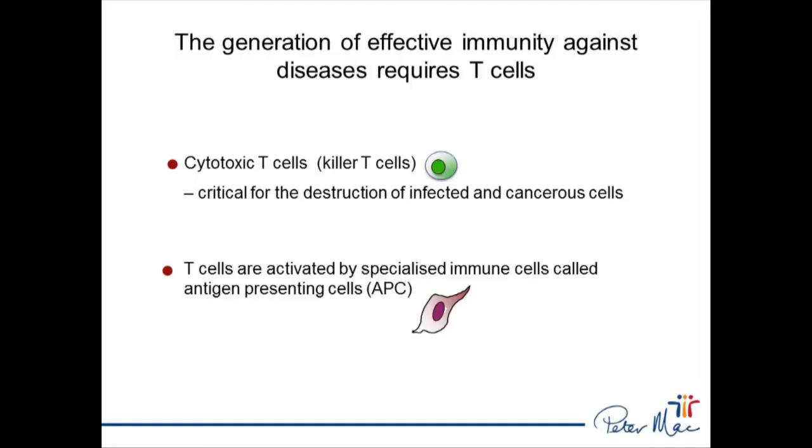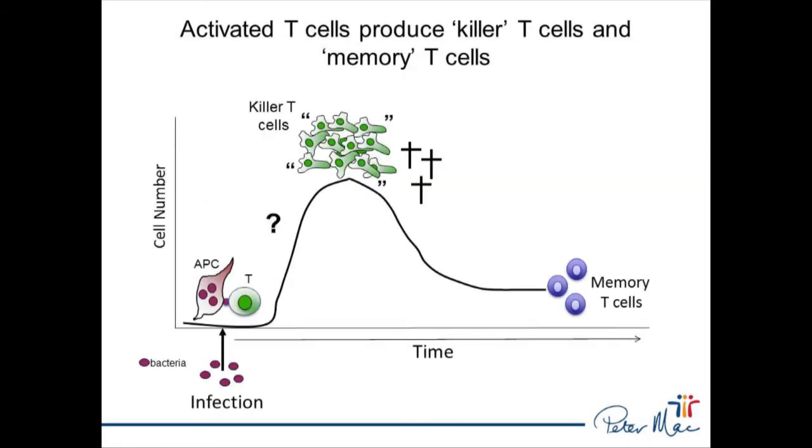So to generate effective immunity, it requires a whole army of immune cells, but the cell type that I'm particularly interested in is called a T cell. Cytotoxic T cells, or killer cells, are, as the name suggests, the cells responsible for directly killing cancerous and infected cells.